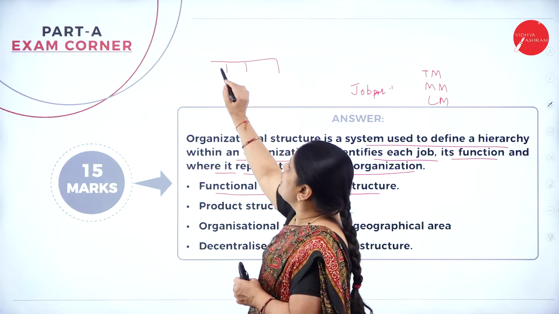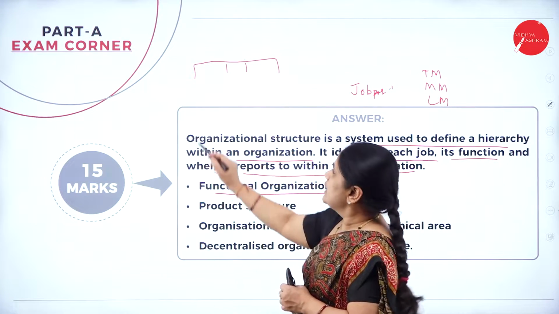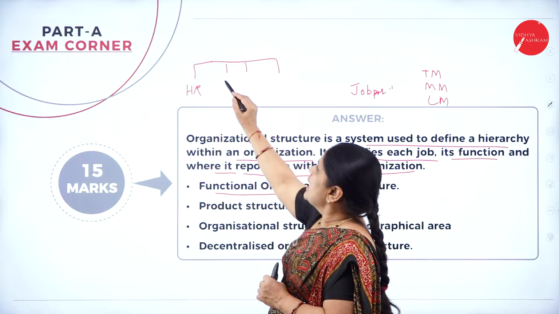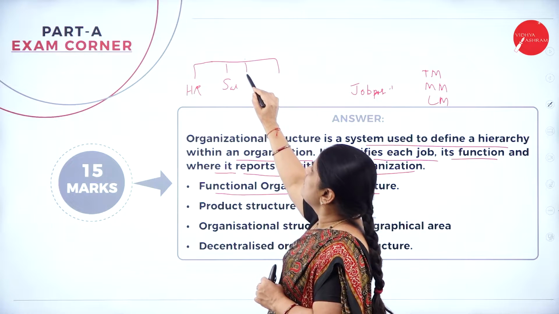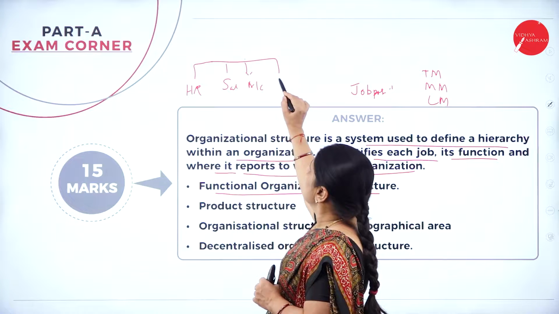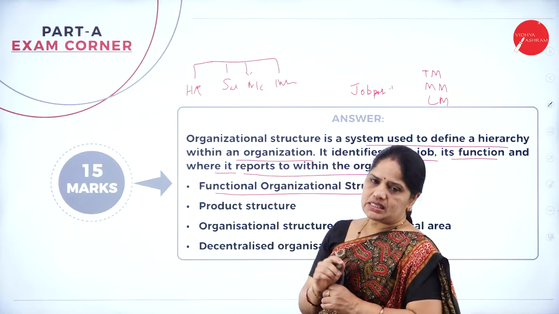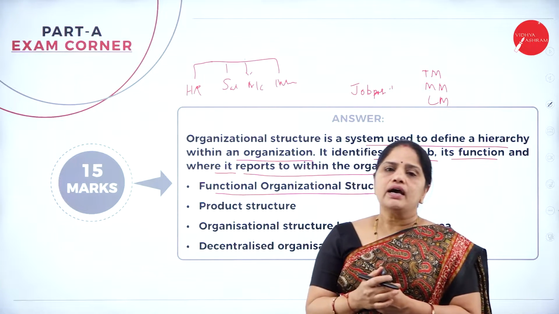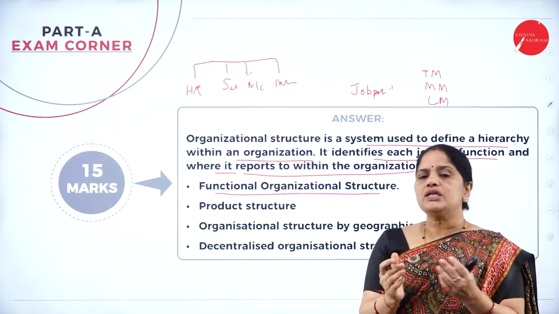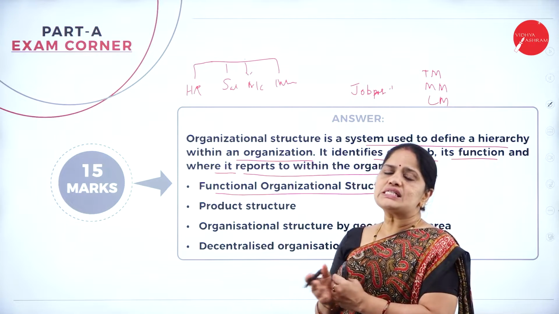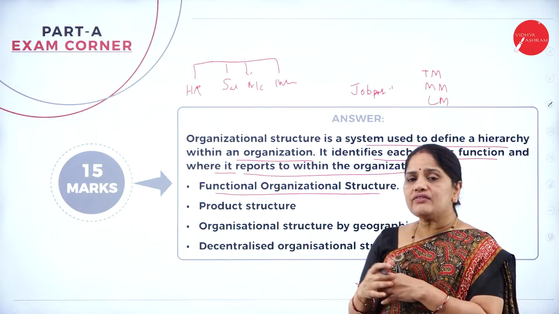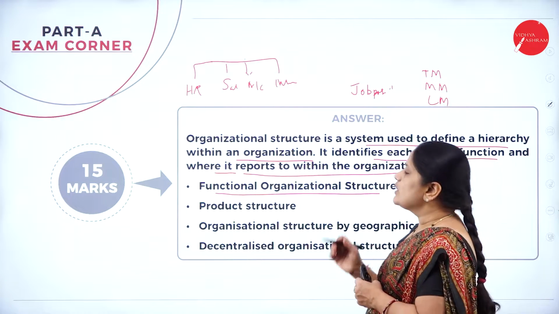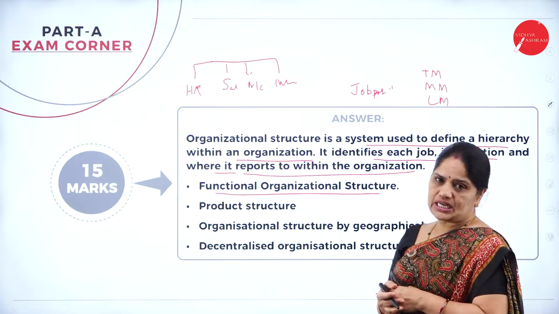Here we have a department exclusively for HR, then a department for sales, then a department for accounts, and then departments for marketing, production, purchases, etc. So based on the functions in the organization, we are creating various divisions within the organization, and such an organization we call the functional organizational structure.